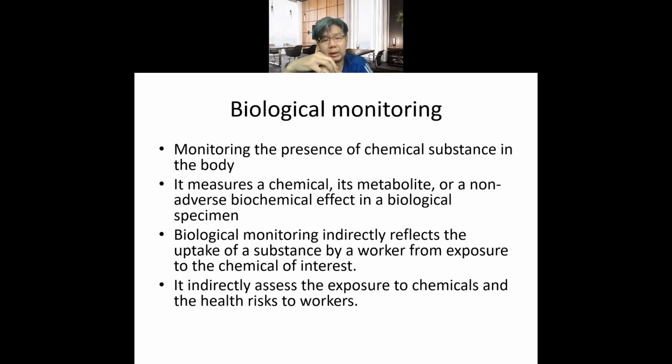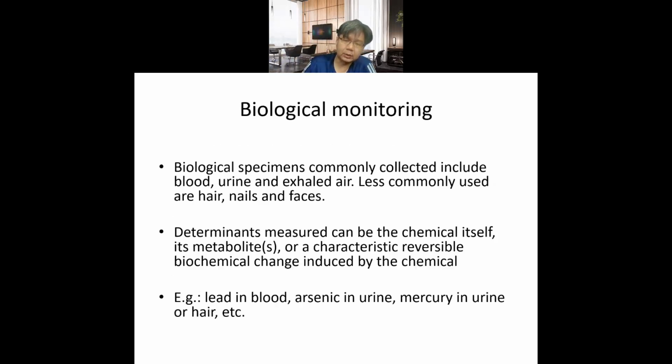However, it depends on the type of chemical. For lead, we don't use urine, we use blood or serum. This is biological monitoring, detecting the chemical in the body. We call that biological monitoring.